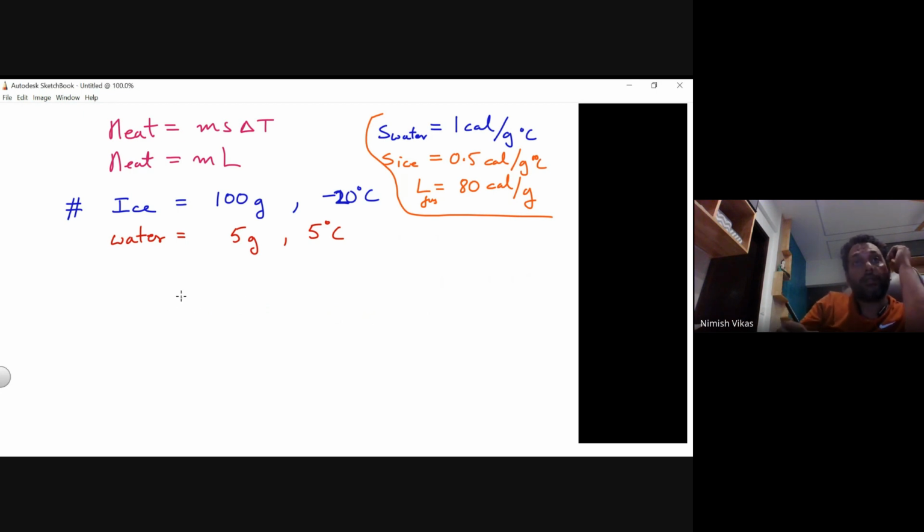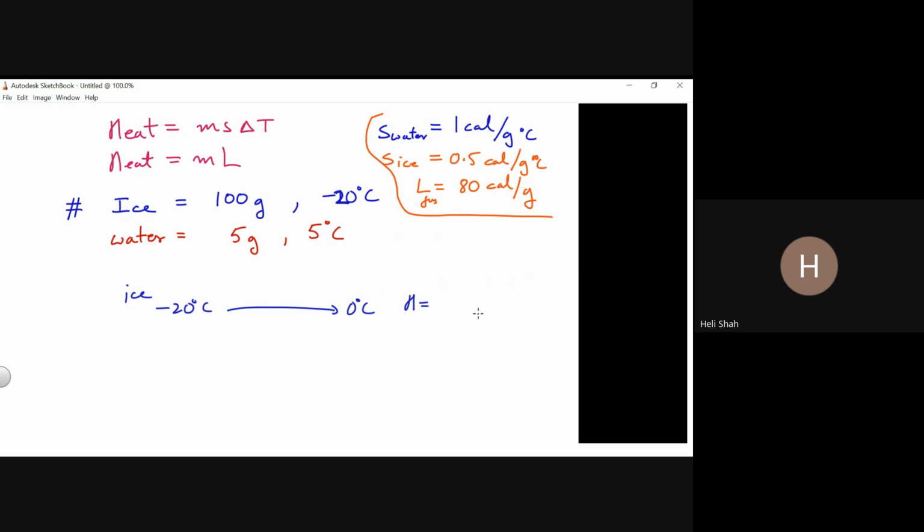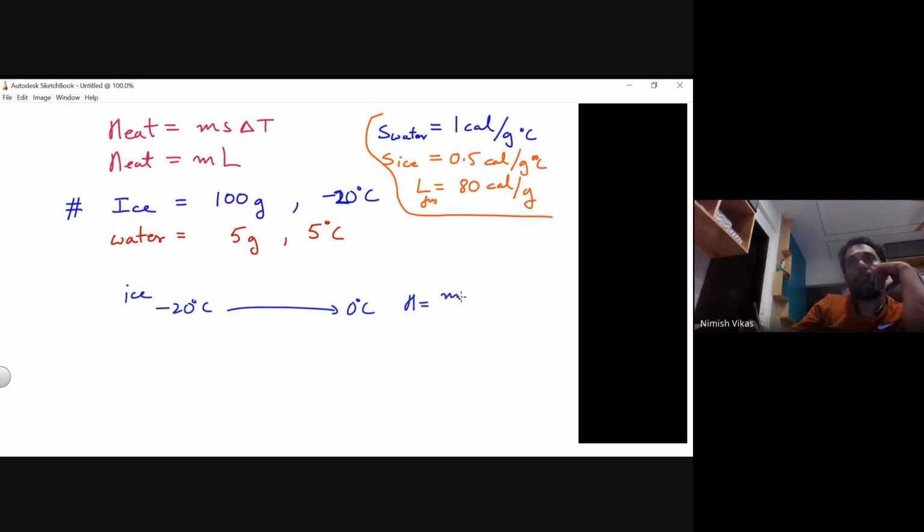In the journey of ice, how much heat would it have taken? This is a useless calculation because we don't know if this is happening or not, but we have to do some useless calculation to actually get the picture right. Is that clear? That's the key.